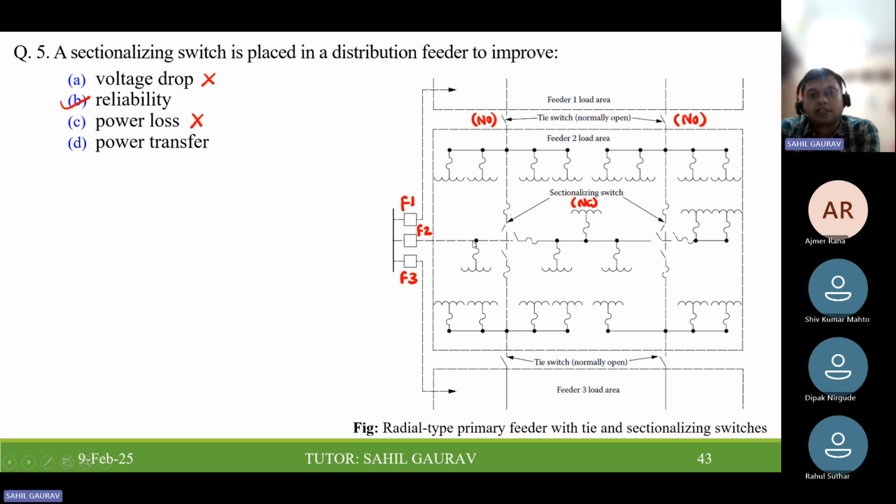In that way we can say that there is uninterrupted power supply to other areas. So it improves the reliability. Sectionalizing switches improve the reliability by removing the faulty areas, and in that way the feeder is providing uninterrupted power supply to the non-faulty areas.